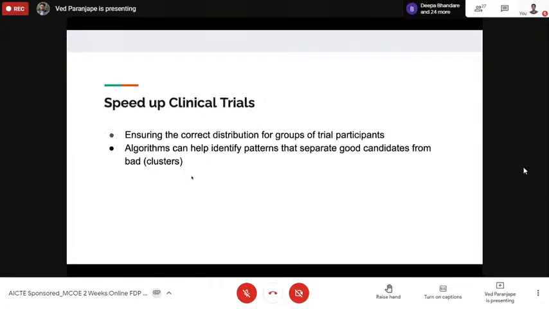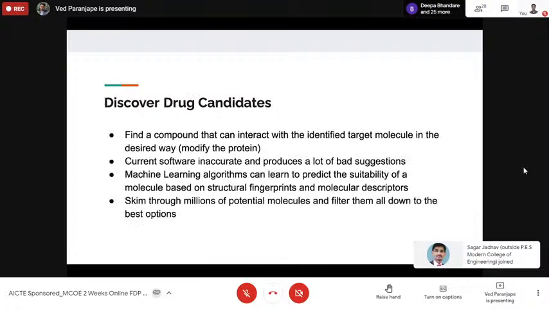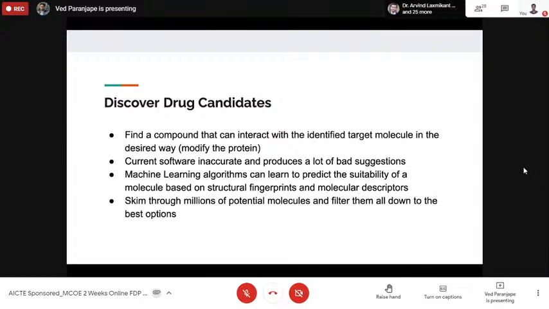Machine learning algorithms can learn to predict the suitability of molecules based on structural fingerprints and molecular descriptors. Based on that, when given the right input, they can predict if the given molecule is going to be useful, and if the compound is going to properly react with the molecule to give us the desired result.